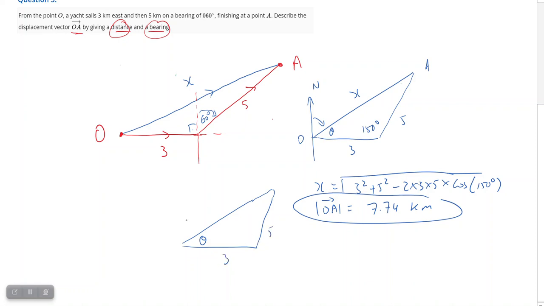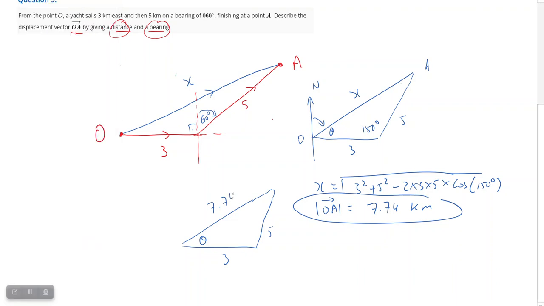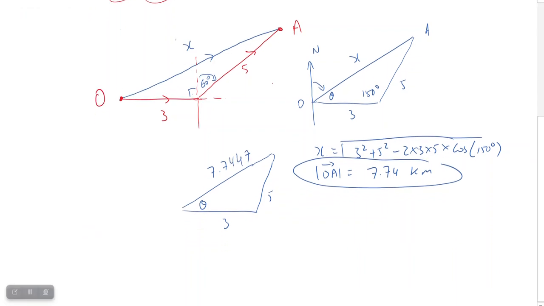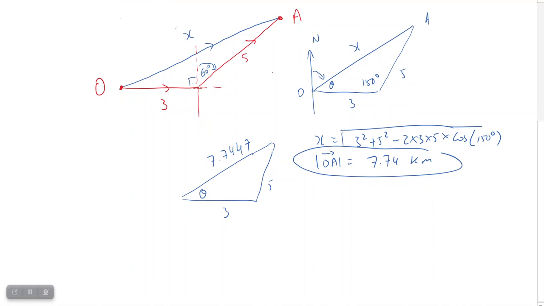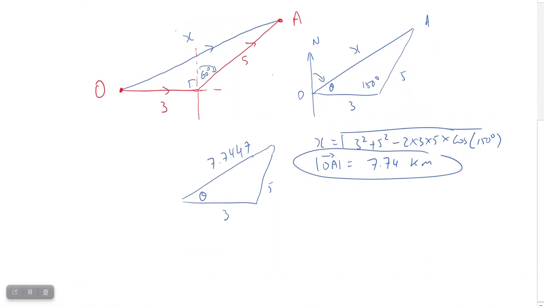I've got 3, 5, and we just worked out 7.7447. I need to make sure I'm using the answer that's not rounded as much, because if you do chem, you'll know there's a problem with sig figs.